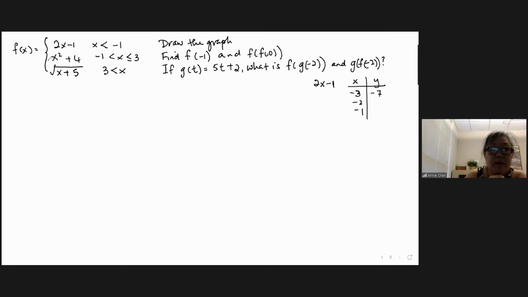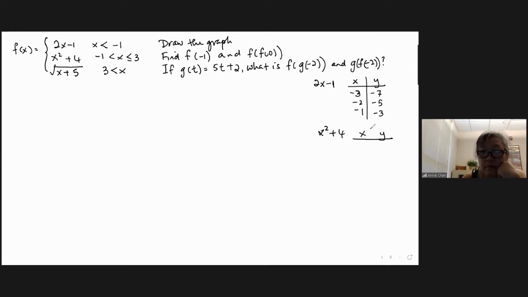Somebody do x squared plus 4 and somebody else do the square root of x plus 1, and x plus 5, and then give me the points. Ladies, do x squared plus 4.